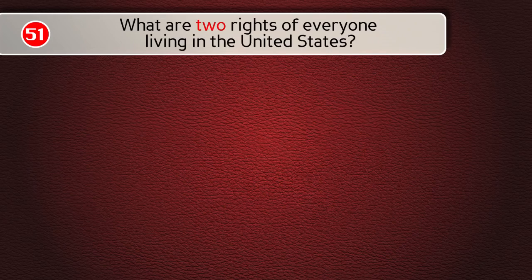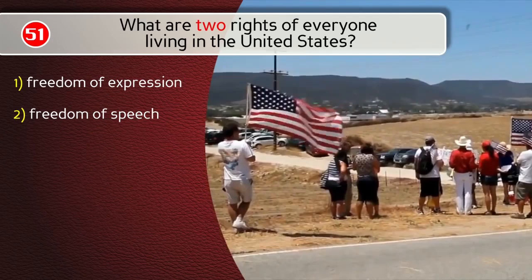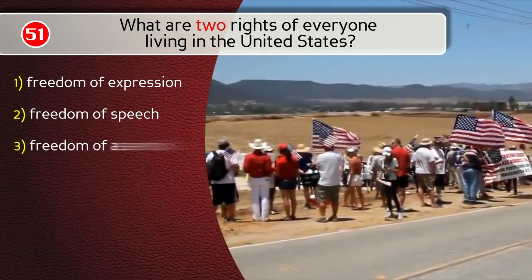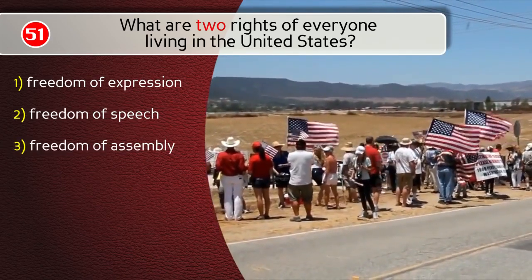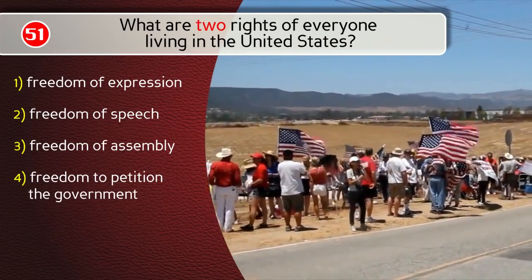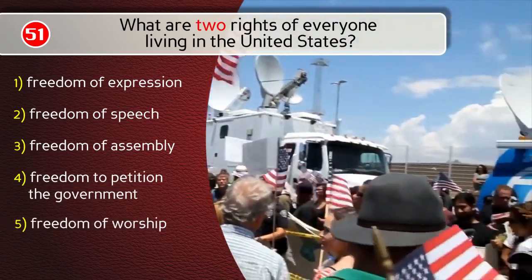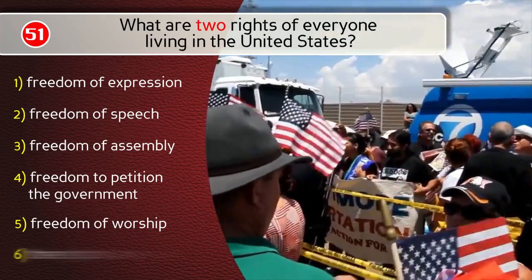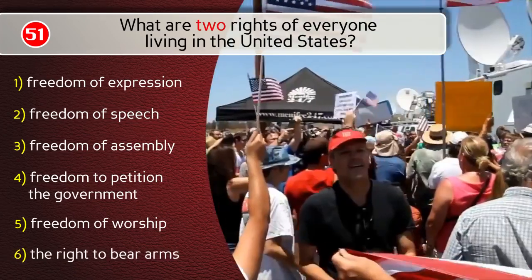What are 2 rights of everyone living in the United States? Freedom of expression. Freedom of speech. Freedom of assembly. Freedom to petition the government. Freedom of worship. The right to bear arms.